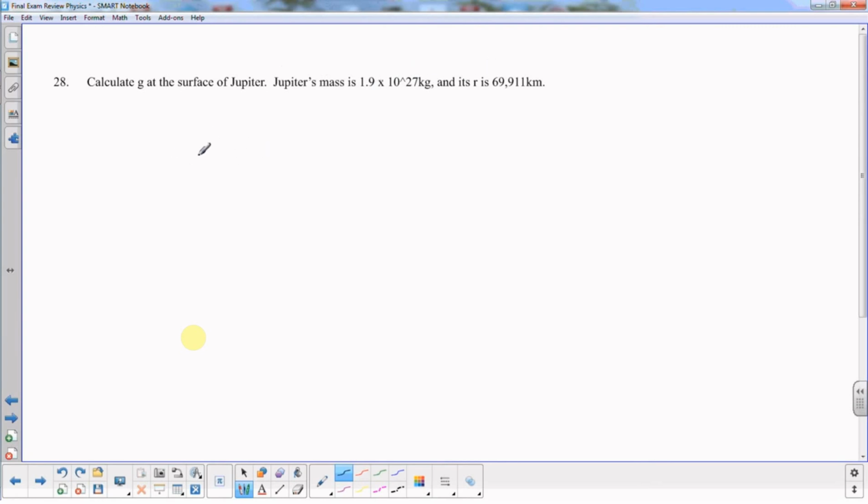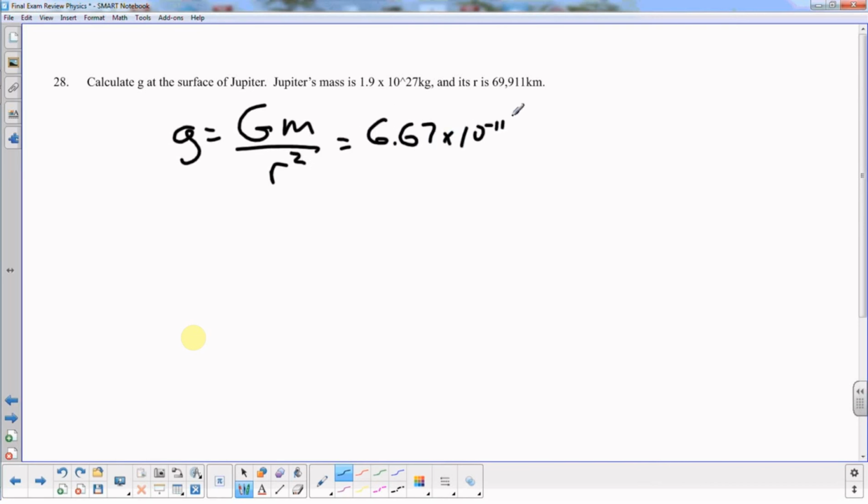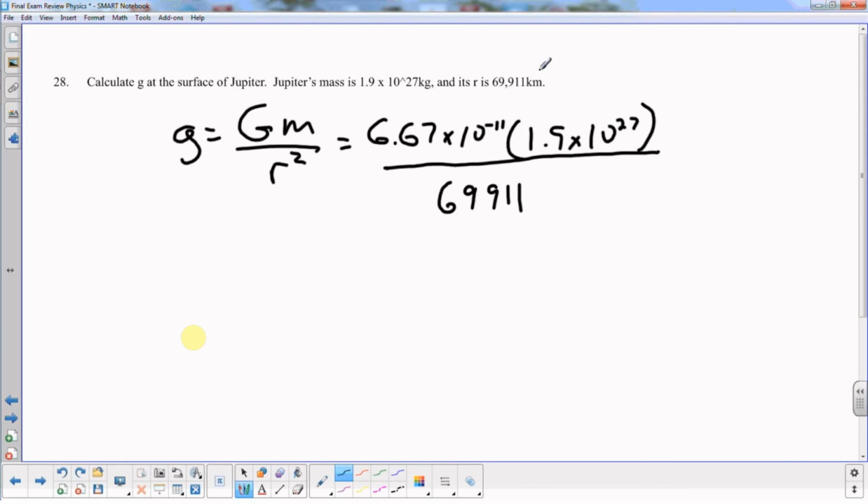Little g equals big G mass of the planet over r squared, which is 6.67 times 10 to the negative 11 times 1.9 times 10 to the 27, all over the radius, 69,911 kilometers. We need it in meters.